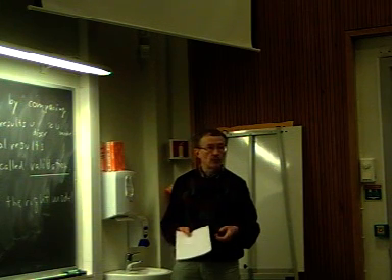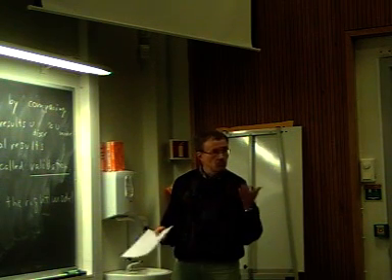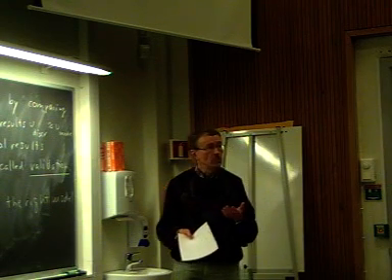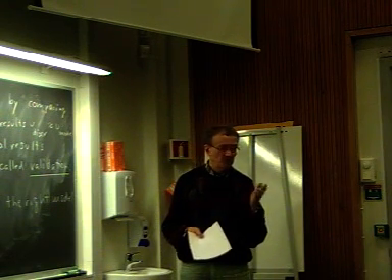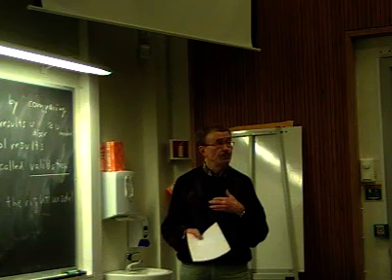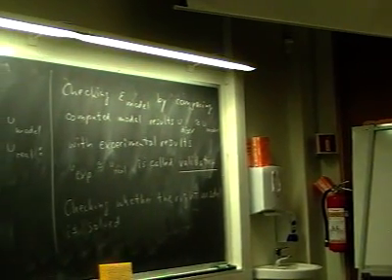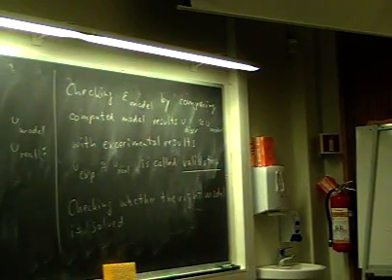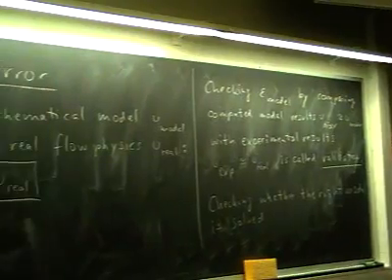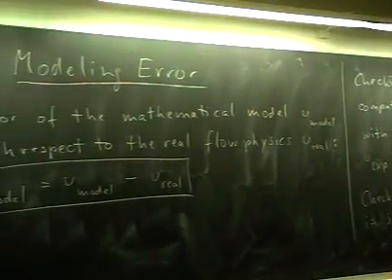You estimate the difference, and if it is small, it's okay. If not, you have to choose another model. So these processes of verification and validation are essential in CFD.